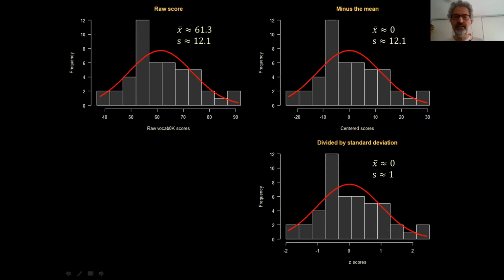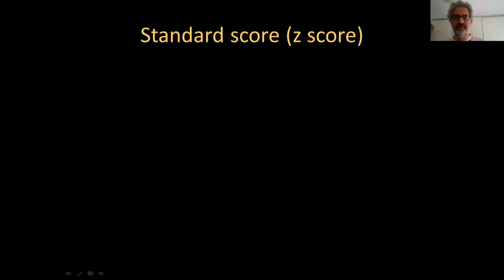So we have calculated standard scores, otherwise known as z-scores, using the formula raw score, which is our original measurement, minus the mean of all the measurements, divided by the standard deviation. And this is called a z-score or standard score.